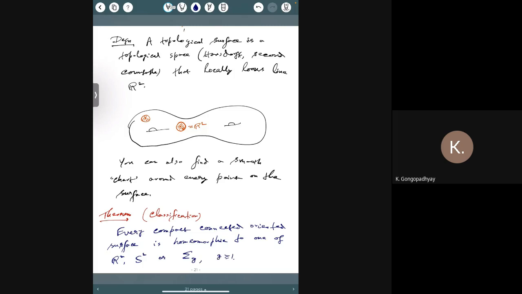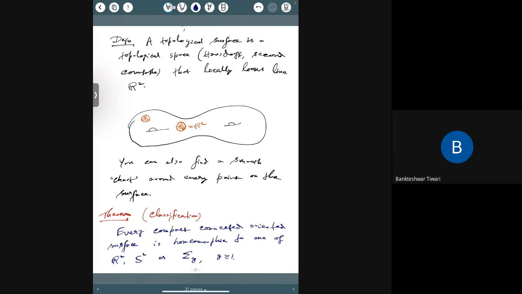So you take any compact connected oriented surface, then up to topological homeomorphism, these will be one of these types. So up to homeomorphism, there are only countably many such surfaces.